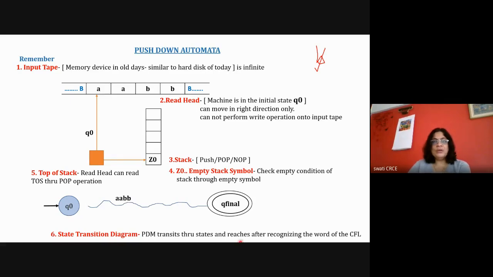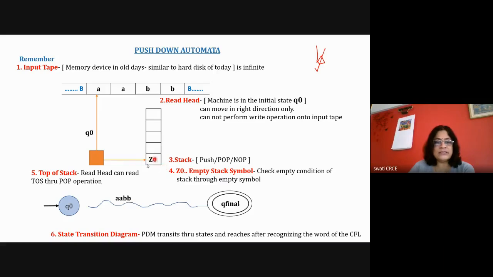Okay, so let's revise. Whenever I say pushdown machine, remember this diagram. You store your word belonging to the language on the tape. After processing the word, the machine starts from Q0 and reaches the final state, and we have a read head. The read head reads the symbol from the input tape, and it can read from the stack at the same time.